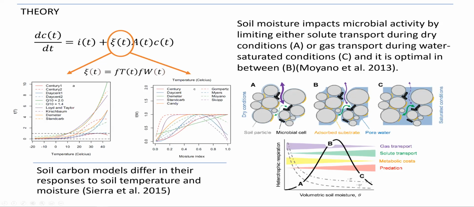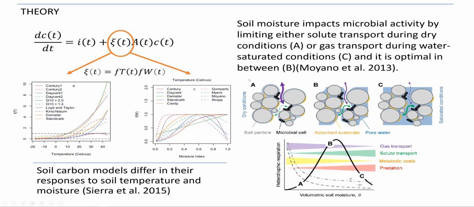I'm not sure if this is so clear, but soil carbon models usually differ in how this function modifies the default decomposition rates, and they differ a lot. You can see there is some exponential increase, for example for temperature, and a lot of different functions for moisture. Some are bell-shaped, some are saturating, and some are linear.